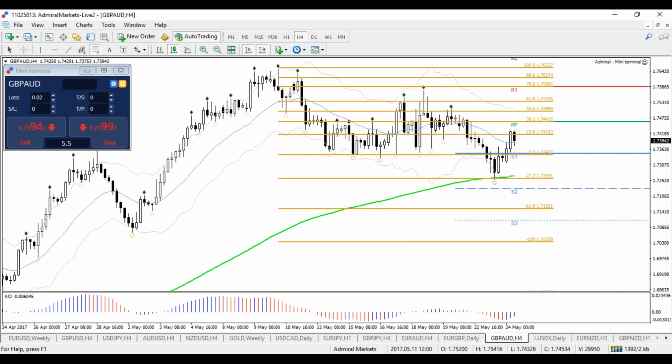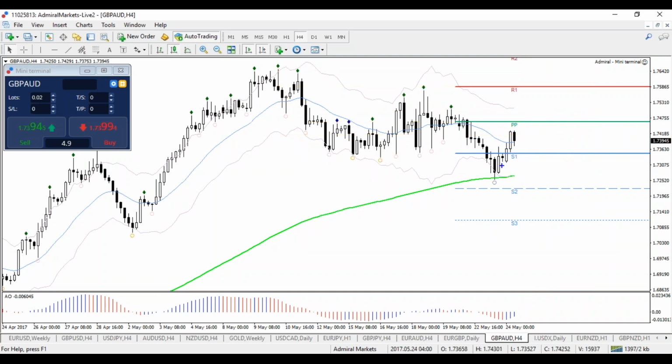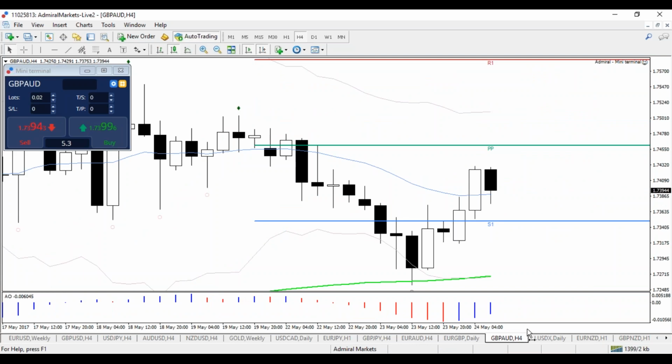Price also reached the minus 272 target, another confluence and potential reason for a bounce. So I'm not sure what the reason was why you're asking me to look at this candle. But these are just my observations from that.